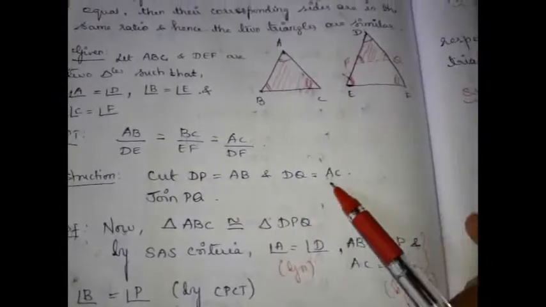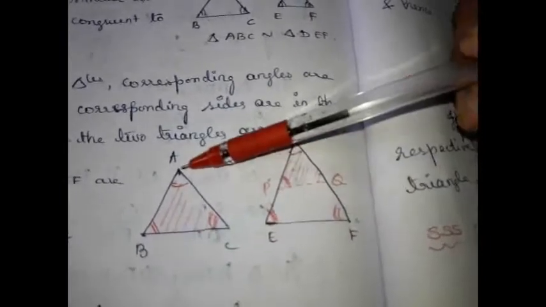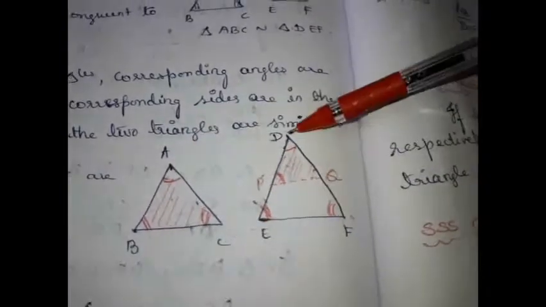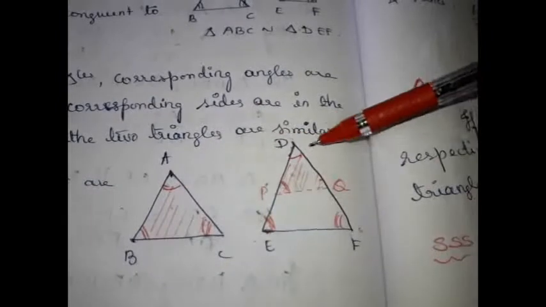But DP equals AB and DQ equals AC, so we replace the numerators by AB and AC. So we got AB by DE equals AC by DF.